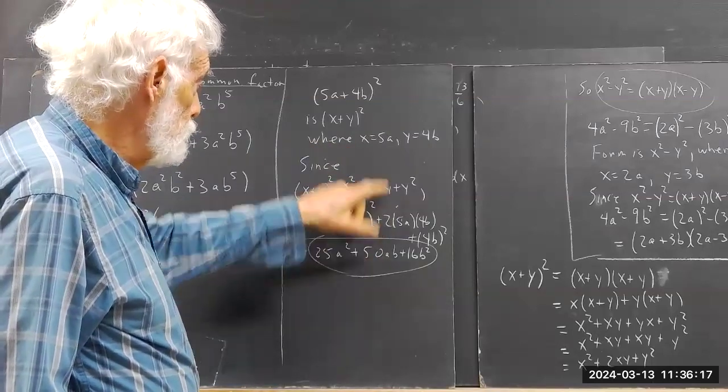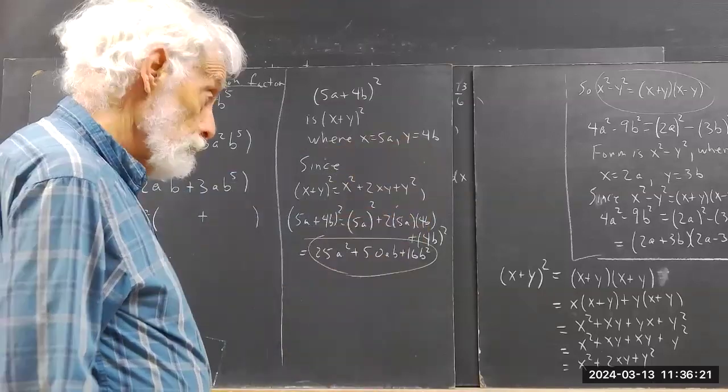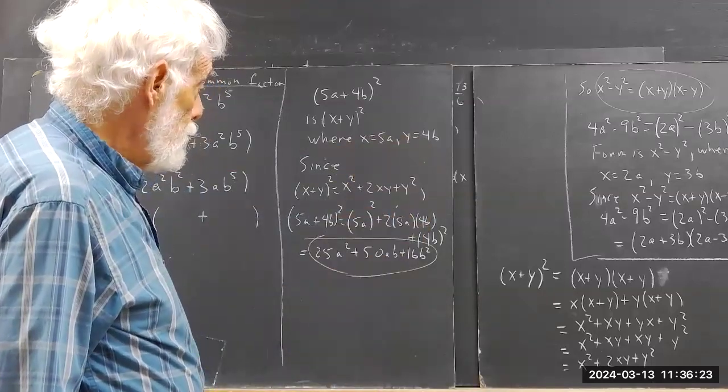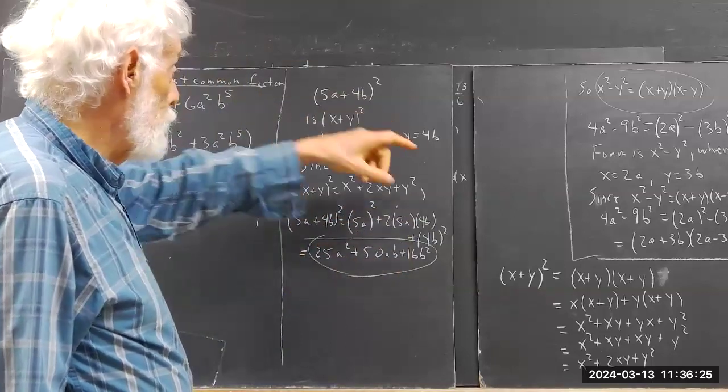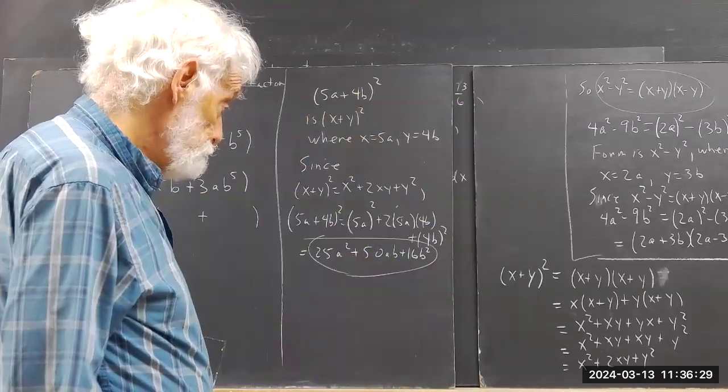Well, 2 times x is 5a, y is 4b, and then plus y squared, where y is 4b, so we get the quantity 4b squared.